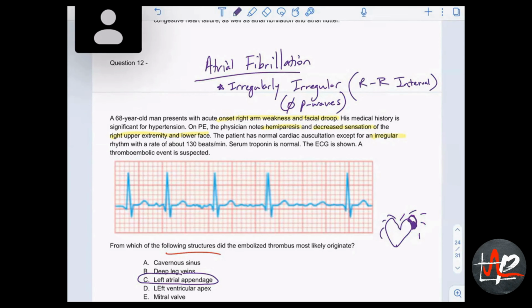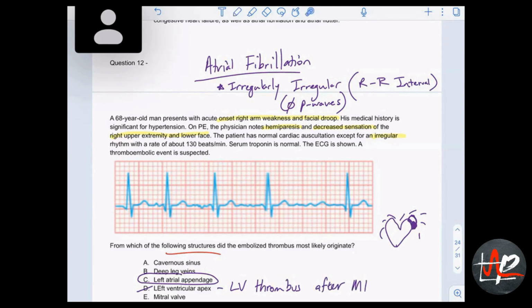Using that knowledge, you can cross off the left ventricular apex, because it doesn't make sense for the thrombus to come from the ventricle if it's atrial fibrillation. The left ventricular apex is important though, because you can see an LV thrombus, a left ventricular thrombus, after an MI.